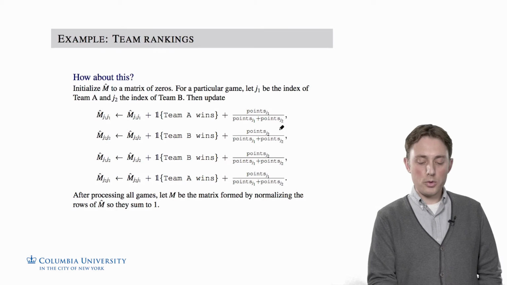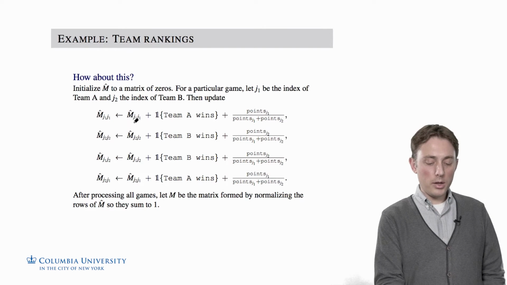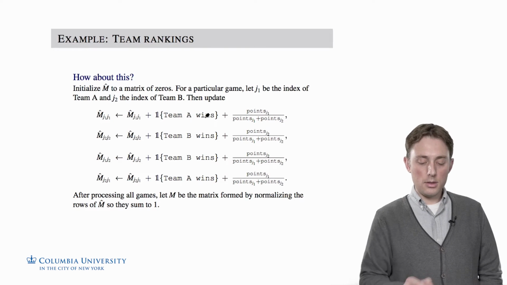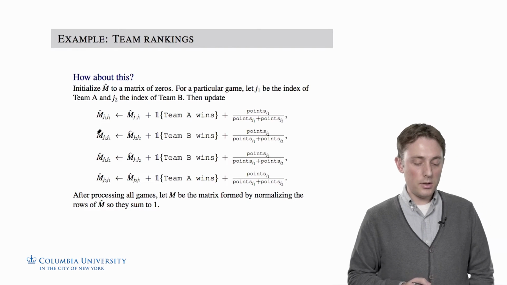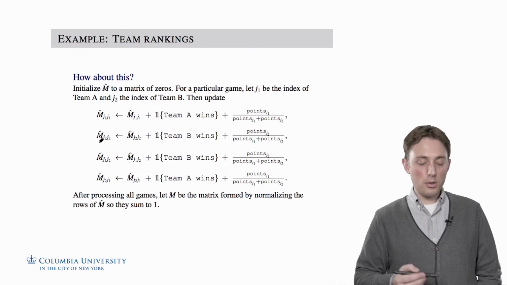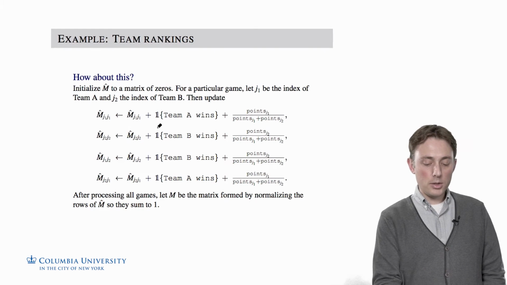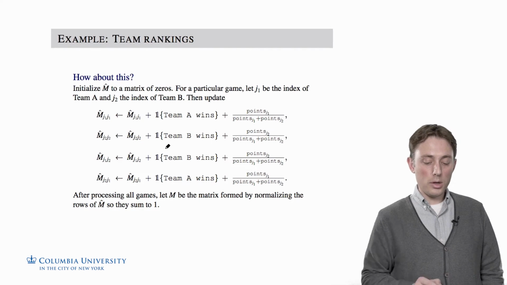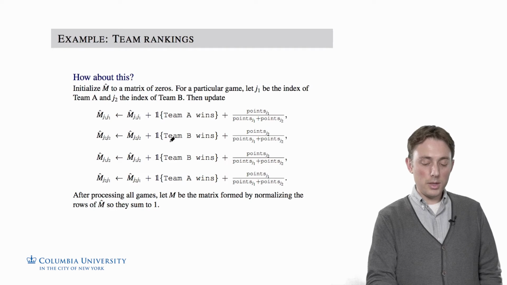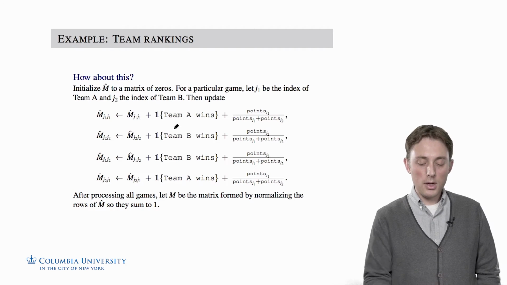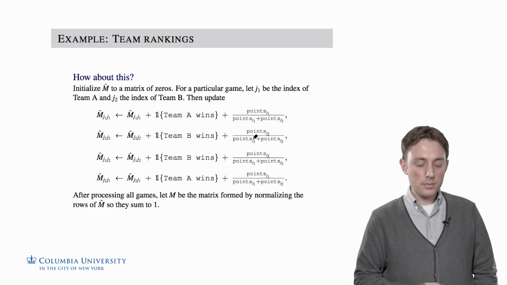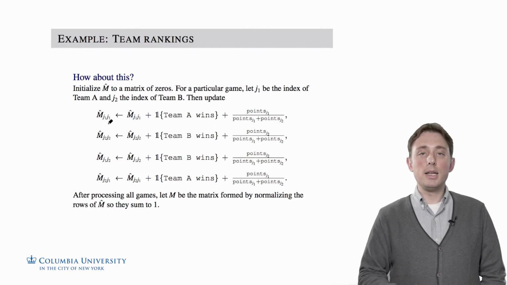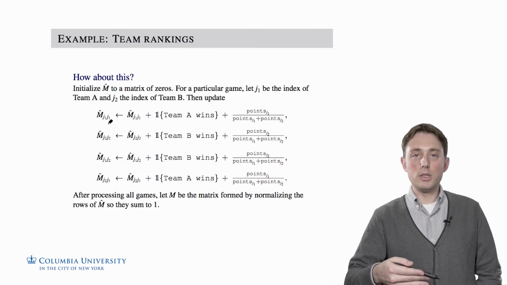So we update the self-transition by taking the old value and adding to it these points. Similarly, we update the transition between team J2 to itself by taking the old value and adding to it an indicator that team J2 won. So either one of these two events will be true and the other will be false, plus team J2's fraction of the total points. So these are updating the weights of the self-transitions.